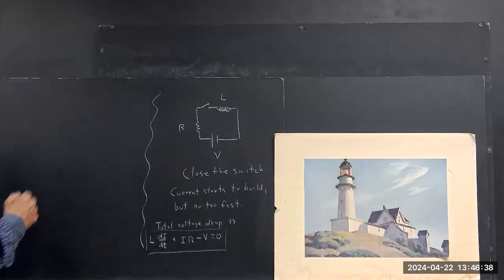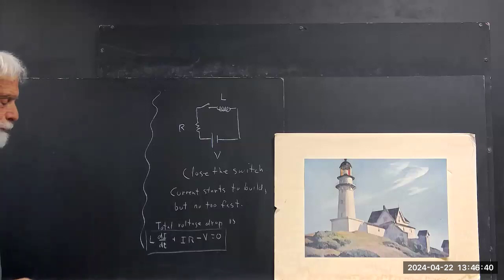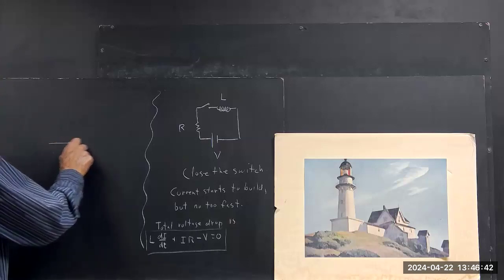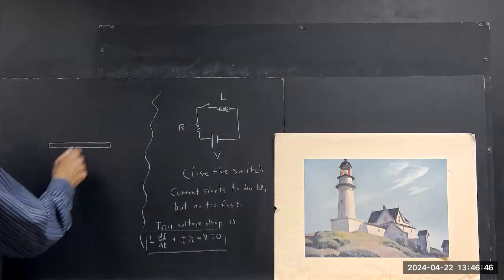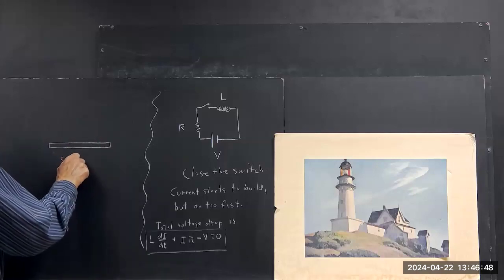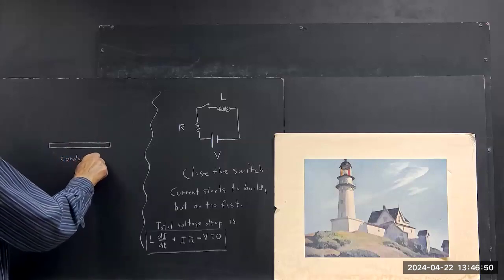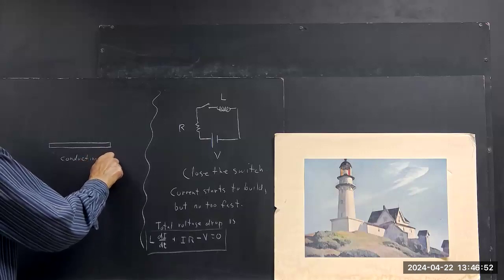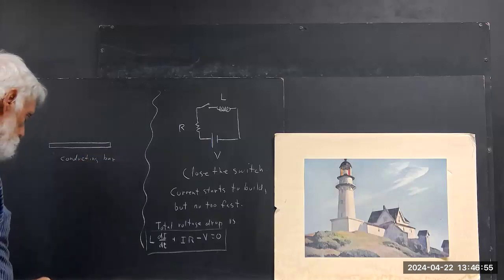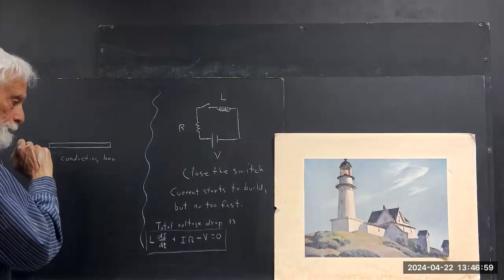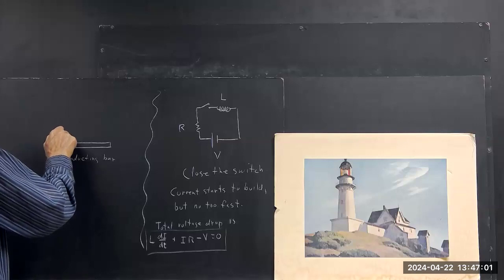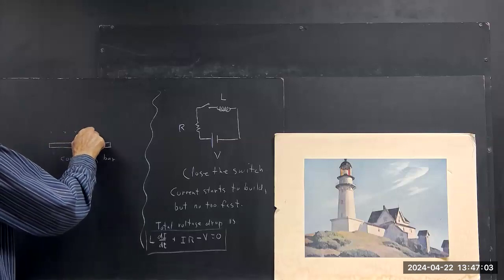Okay. Now, another way to get an EMF. Let's just say we have a conducting bar, and there's a magnetic field.